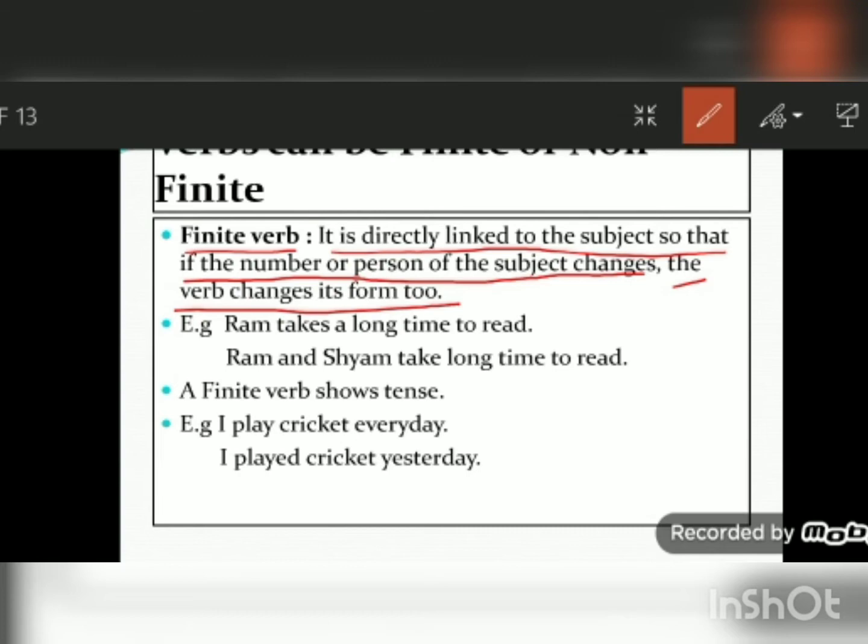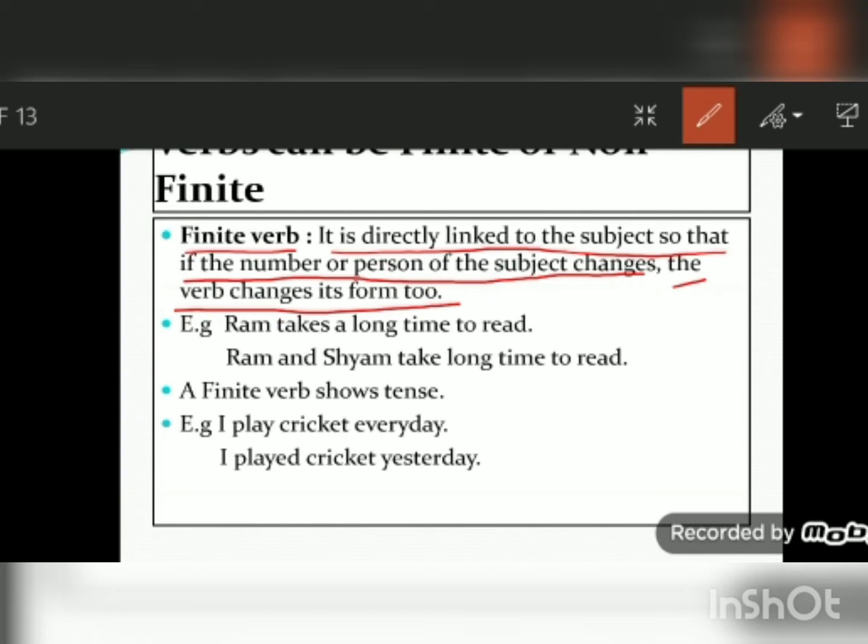The subject can be a person, like first person, second person, third person, or a number, singular or plural. If the person or the number of the subject changes, then the verb will change its form.